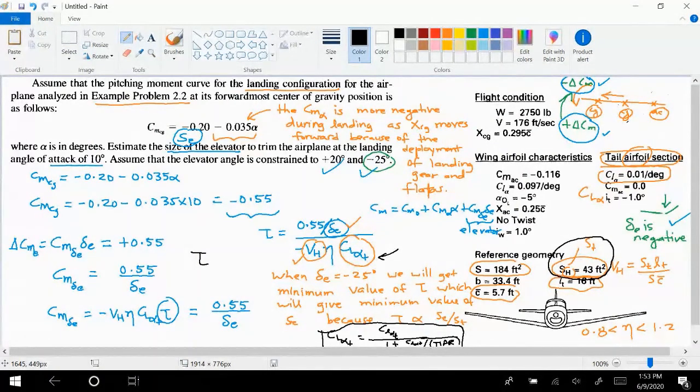It is important that you understand this example very clearly, because you will have to use this type of thinking in your project as well, because there you have to find the size of the rudder. Here you are finding the size of the elevator. Here you are trying to balance the extra moment which is created because of the shift in center of gravity in the forward direction.